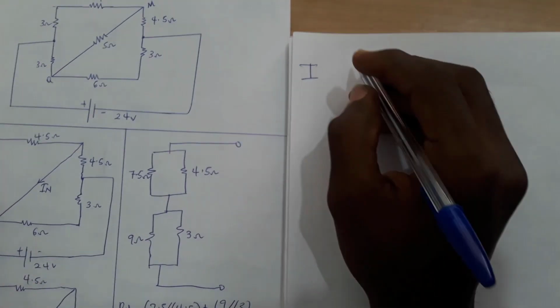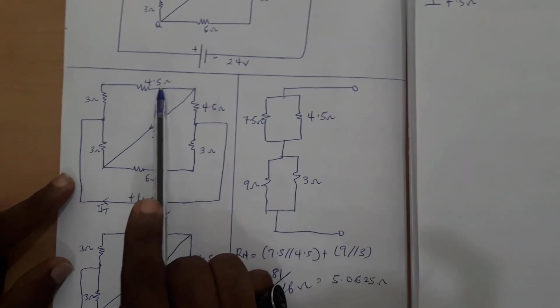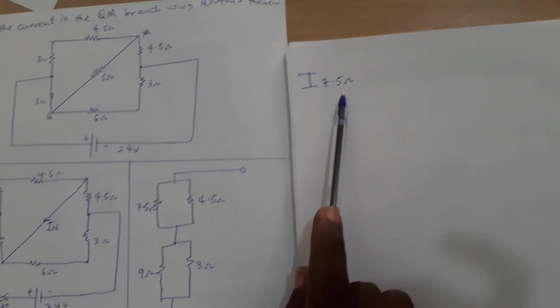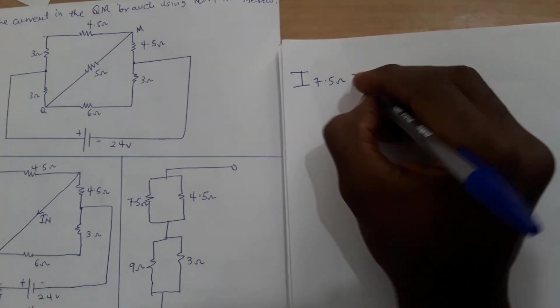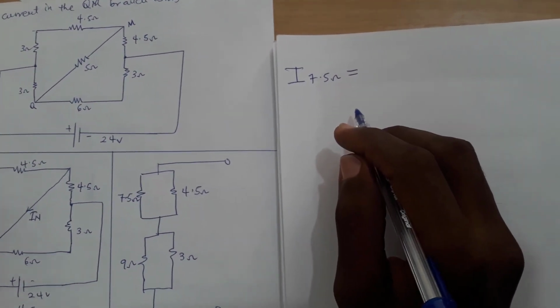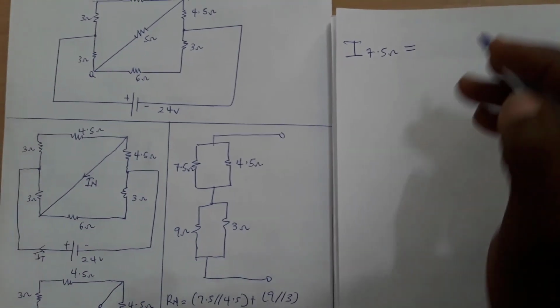So from here we can use current division to find the current through this one. So the current flowing through the 7.5 ohm, because 3 plus 4.5 should give us 7.5 ohm, will be the opposite resistor over the summation of both times the total current that we found already.